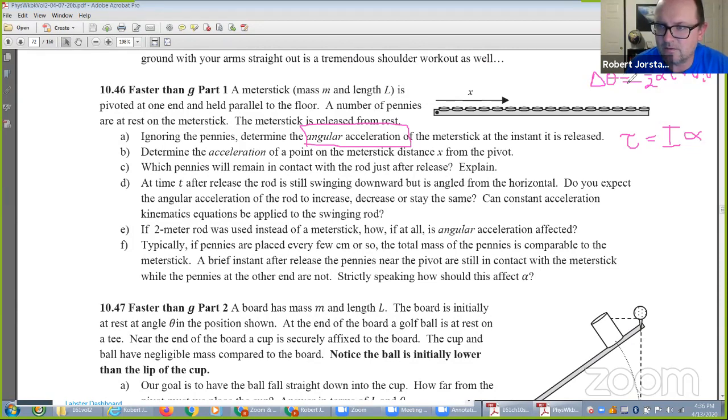Now, when you do this one, maybe this is the part you don't have experience with yet. It turns out this is a terrible way to go. The reason why is angular acceleration is not constant for this. Usually when you have a swinging object, think about it. I'm going to stop for a second. This is important, please listen.